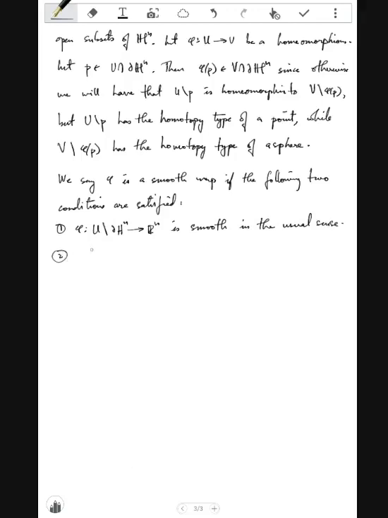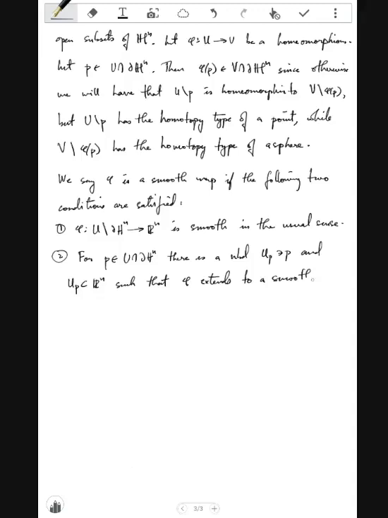And the second condition is, for every point P in the boundary, there is a neighborhood U sub P of P in Rn such that phi extends to a smooth map from U sub P to Rn.